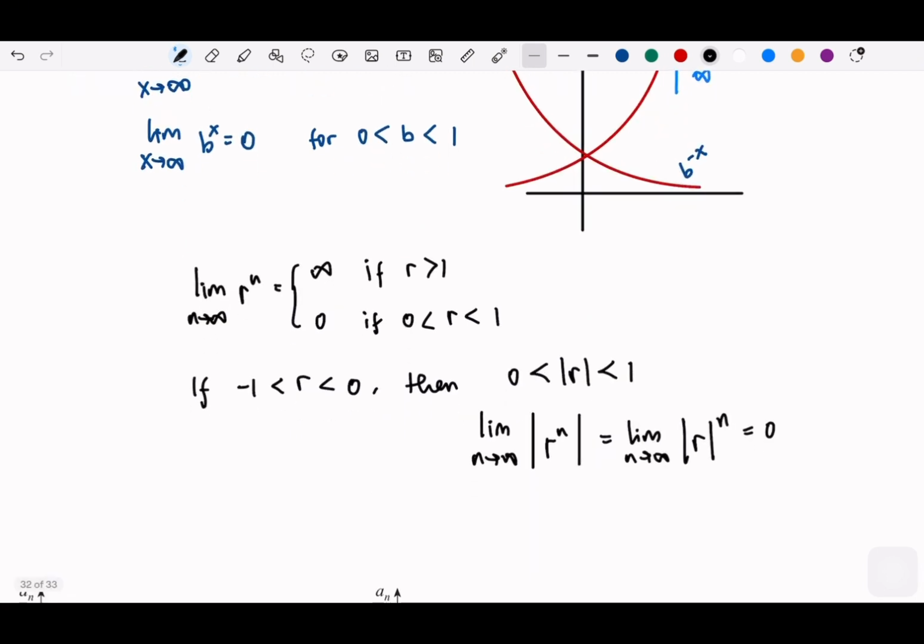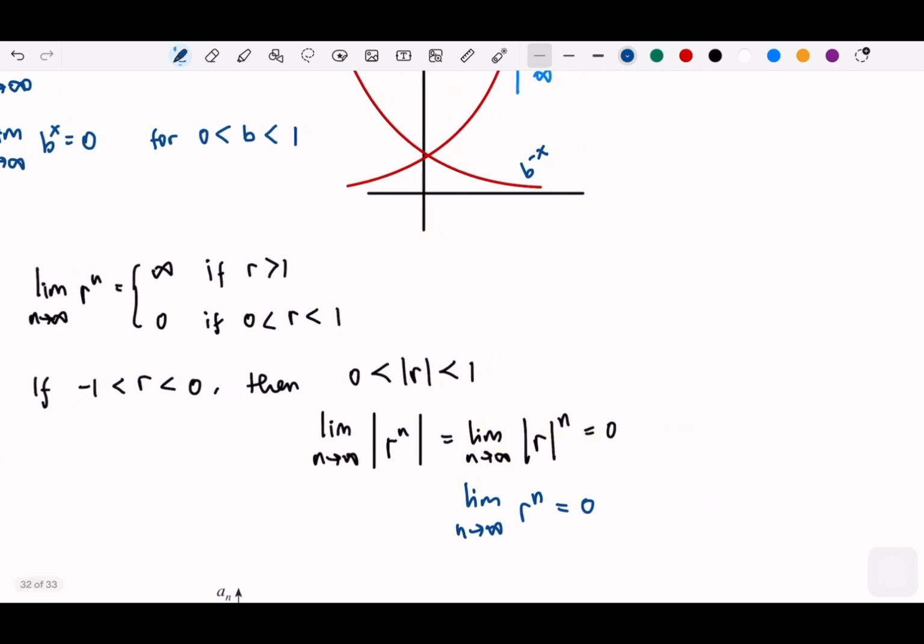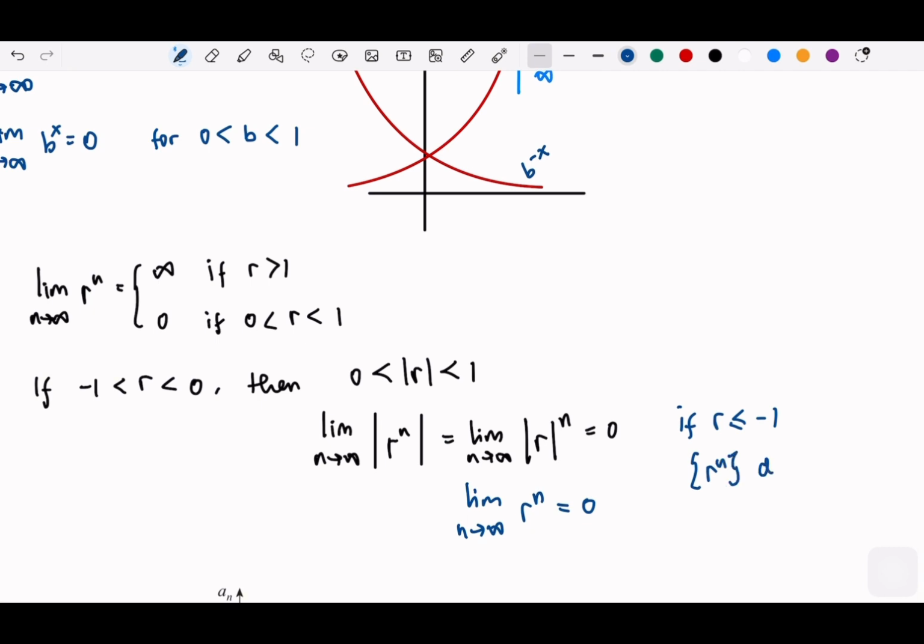So by the end of the day, the limit for r to the power of n will be 0, and then if r is less than or equal to negative 1, then the sequence r^n diverges.